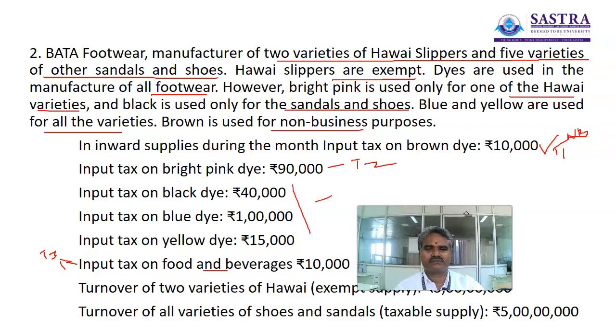Others are T4. That's all. Turnover of two varieties is 3 crores and all varieties taxable 5 crores. This is the problem.